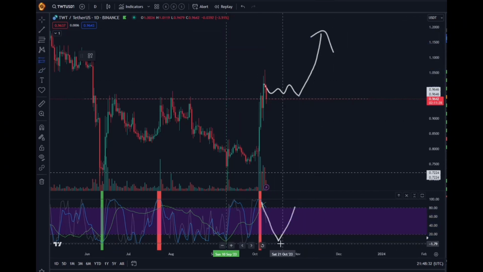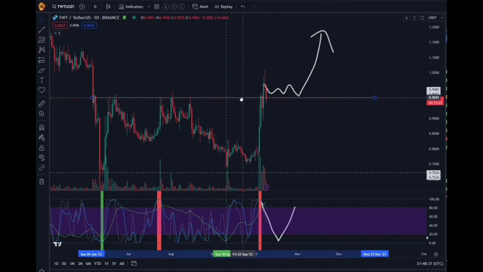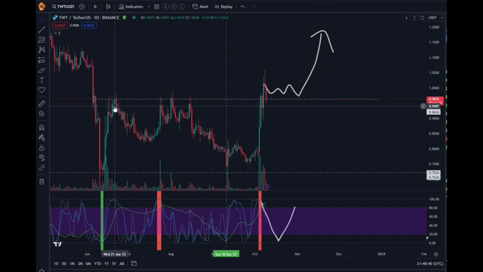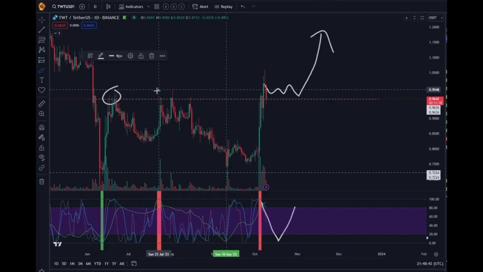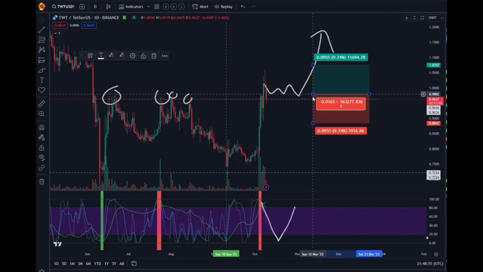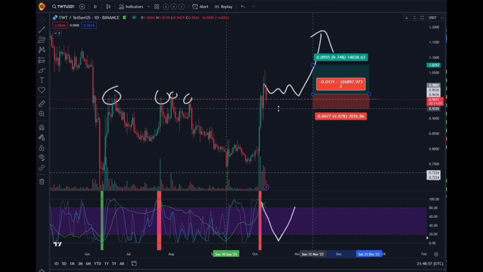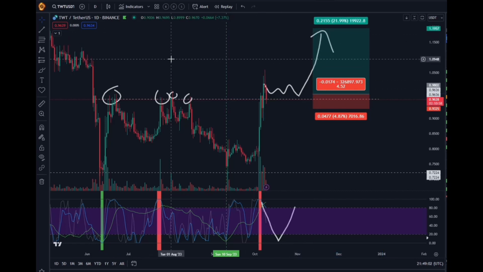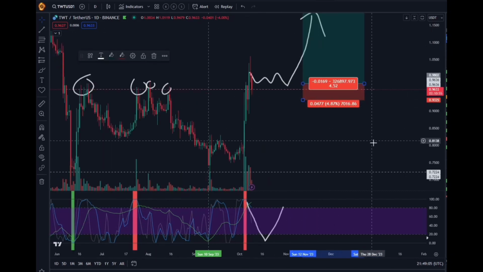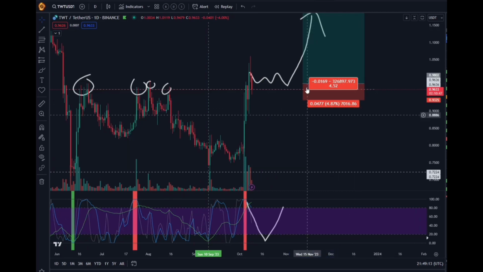And in that case, if you see this tap down while it's respecting this resistance turn support level, which you can see here, if this happens like that, then you would be able to enter with a tight stop loss below that level, and it's gonna be giving you a very good RR. So that's possibility number one.